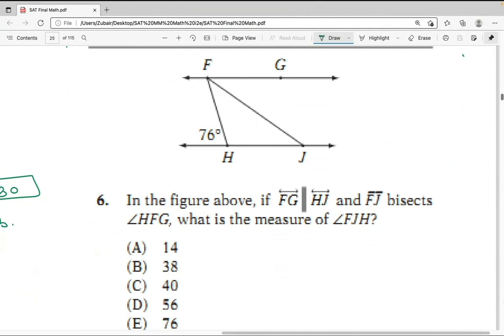Mohammed, you also got that answer? 76. 38. Oh, so that's what I said. B part. Are you getting this answer? Yeah. Okay.